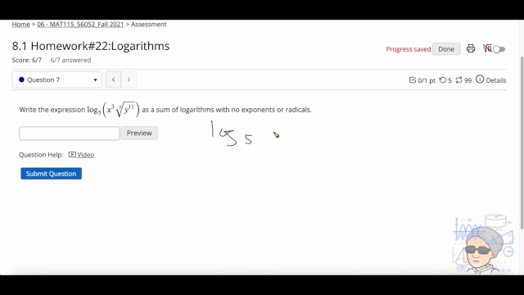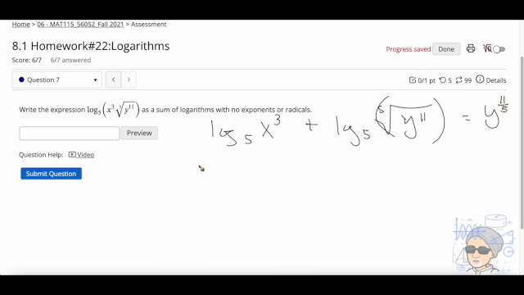Log base 5 of x cubed plus log base 5 of this terrible thing here. Okay, and we just have to convert this. So that's going to turn into the same thing as y to the 11 divided by the index of 5.